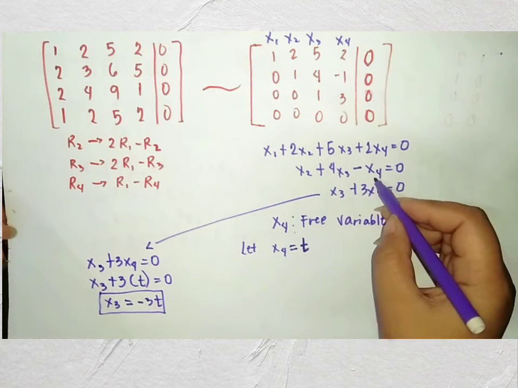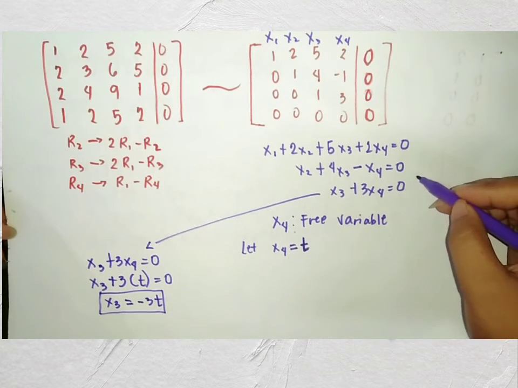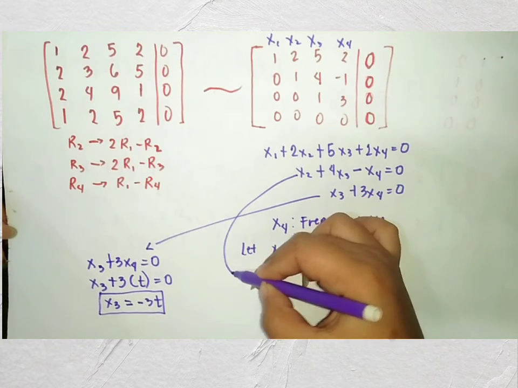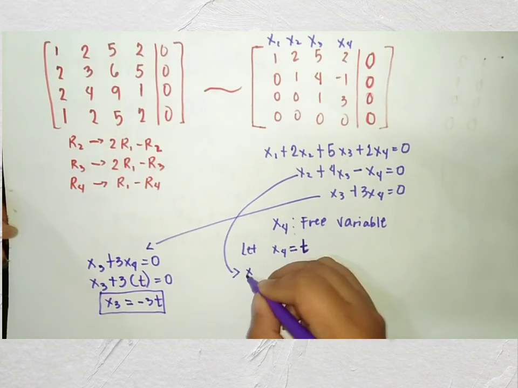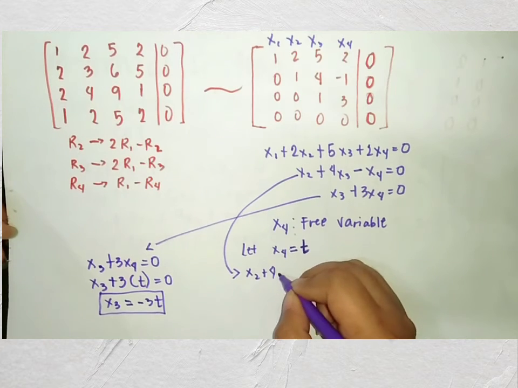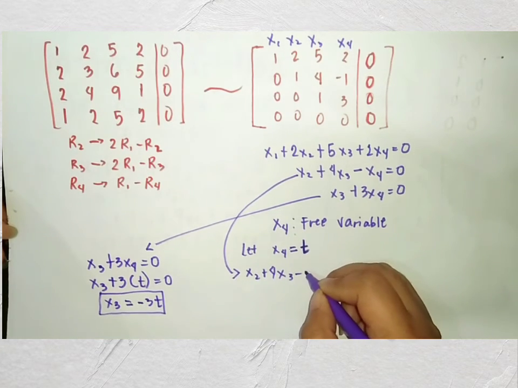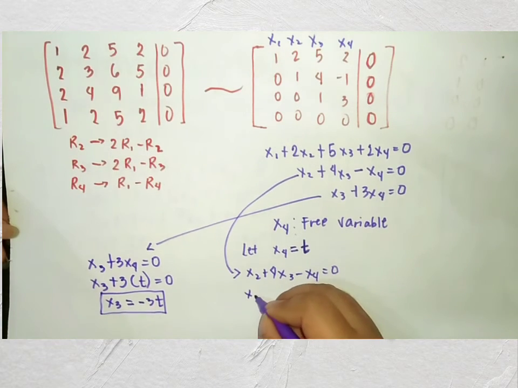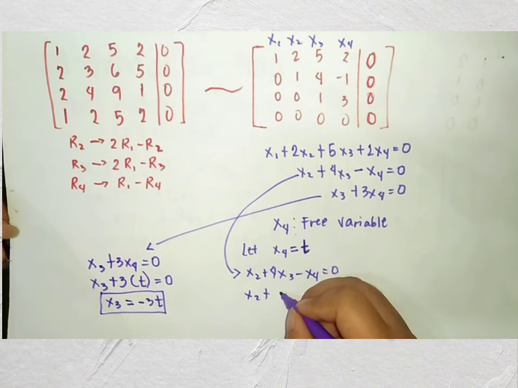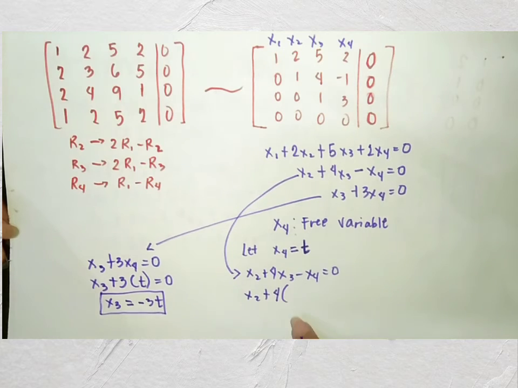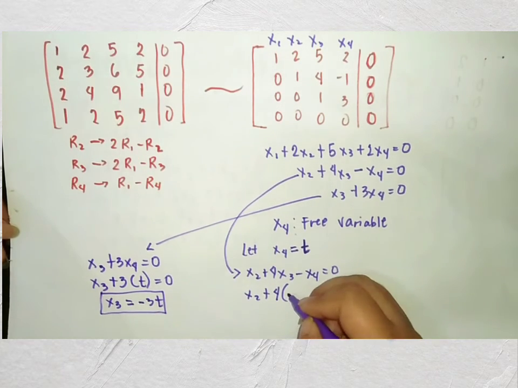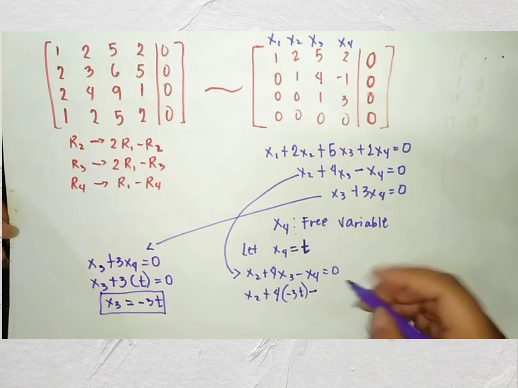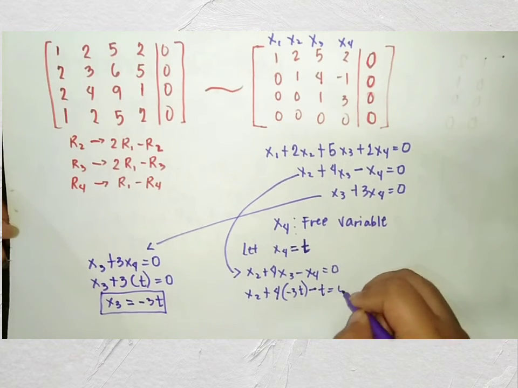For x sub 2, saan natin lagay? Ito na lang. For x sub 2 plus 4x sub 3 minus x sub 4 is equals to 0. So, x sub 2 plus 4, which is yung x sub 3 natin ay negative 3t, minus x sub 4 natin is t, is equals to 0.